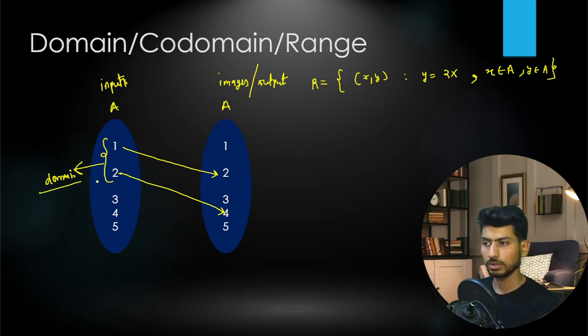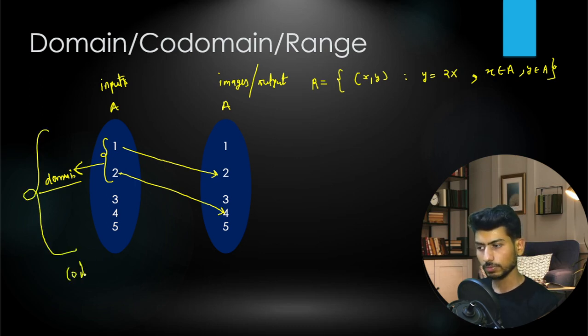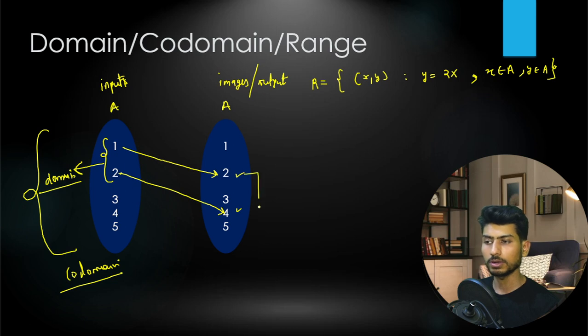Not all of these. And the full set is called the codomain. Understood? And here the output of the domain is known as the range. It means only 2 and 4 will come in the range part. Here, range.